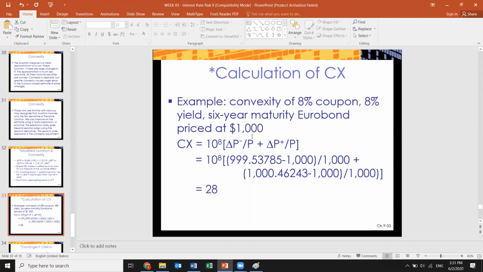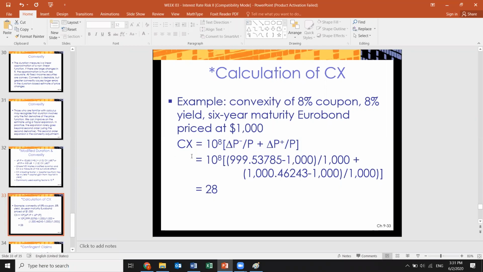So an example of the convexity is given here. A convexity of an 8% coupon and 8% yield, 6-year maturity Eurobond priced at $1,000. So convexity is equal to the scaling factor times the change in price divided by P for the positive change plus the change in price divided by P for the negative change, okay?